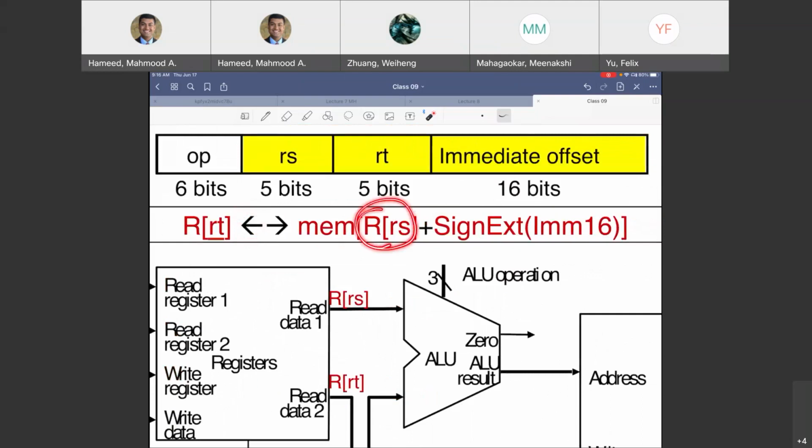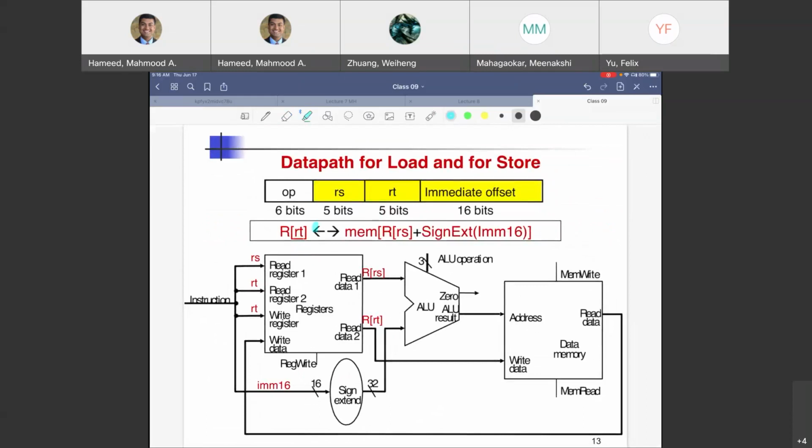Base address in RS, offset computed by sign extending the offset, right? Once you add those two, you read the memory. When you read the memory, you can load into an RT. So this arrow is supporting load, and this arrow is supporting store. Register to memory or memory to register. Store, load.